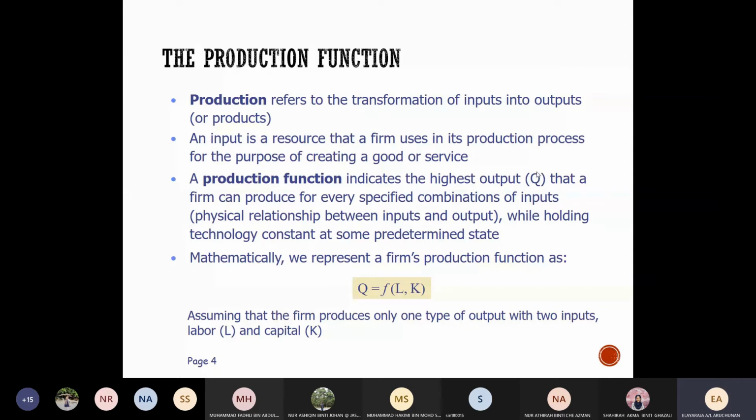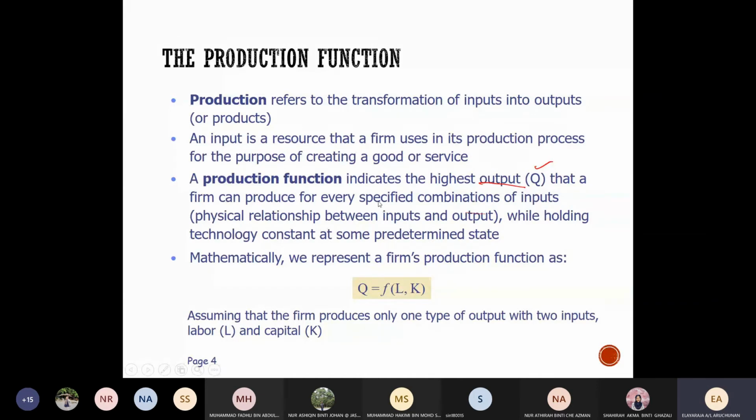Initially we use Q, which usually stands for the output, as the abbreviation. This makes it easy for us to know all these symbols, because later it's easy for us to do calculations. So remember, when they say output, the symbol is Q.